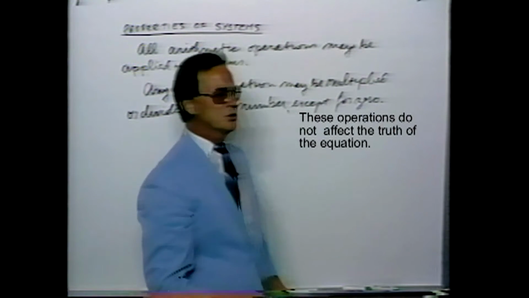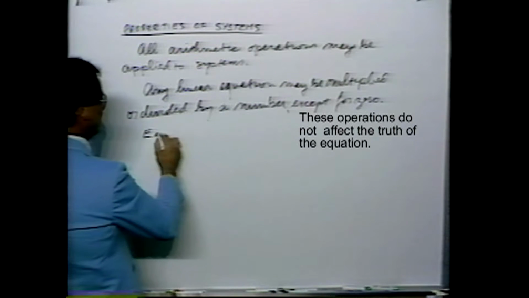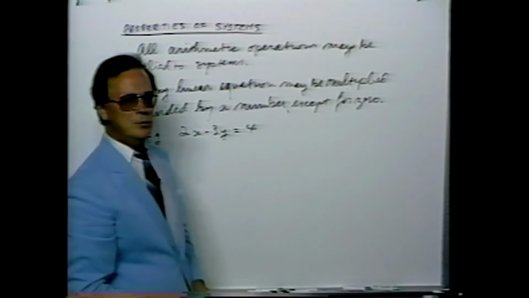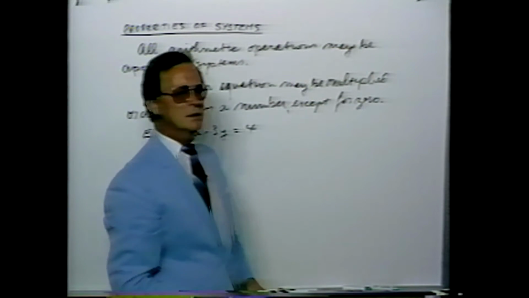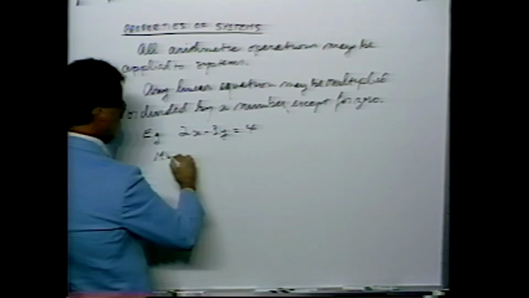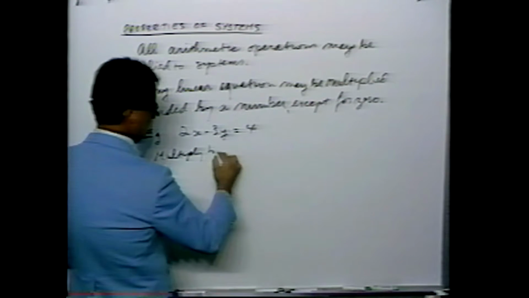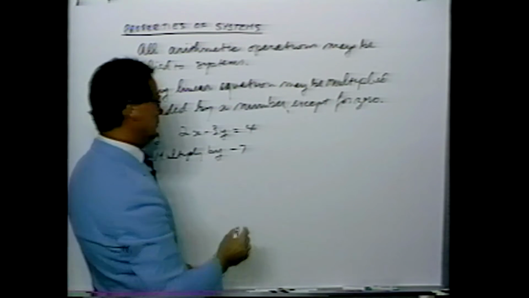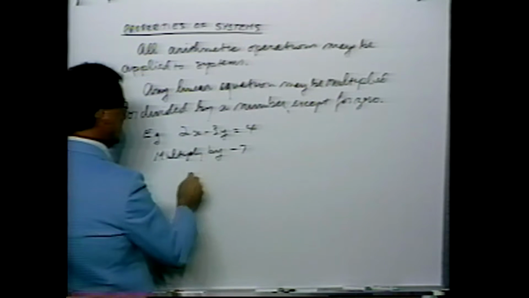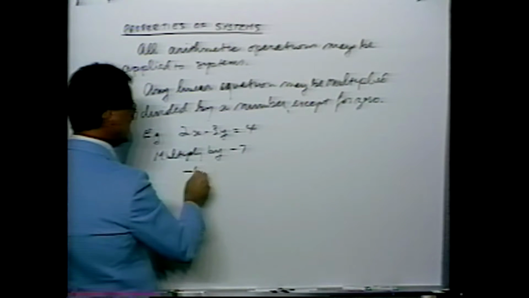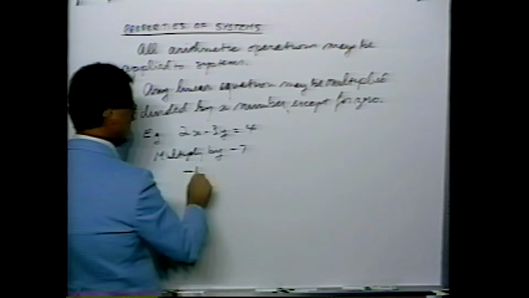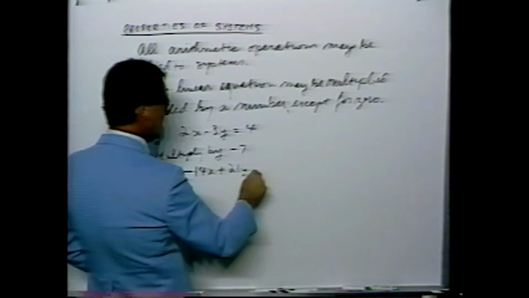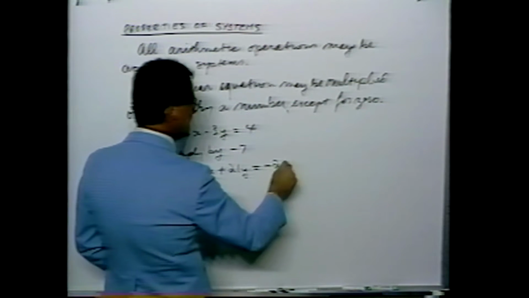Let's take 2x minus 3y equals 4, for example. Now, if we multiply both sides by minus 7, and doing it properly on both sides of the equal sign, we have then that the left-hand side is minus 14x plus 21y equals minus 28.